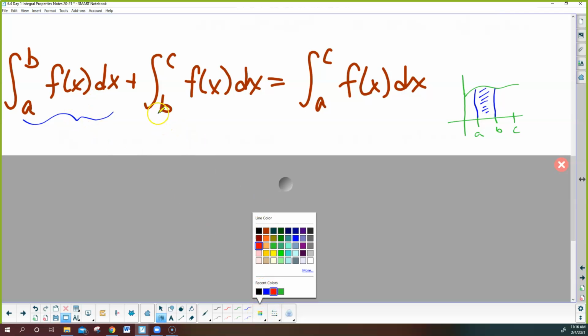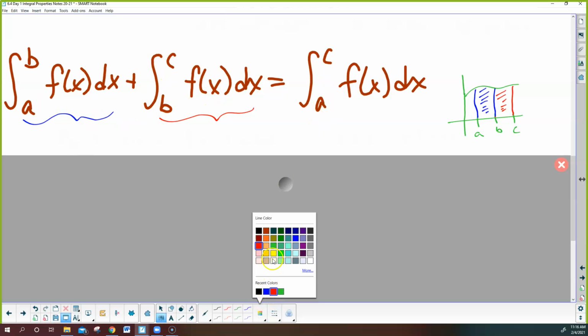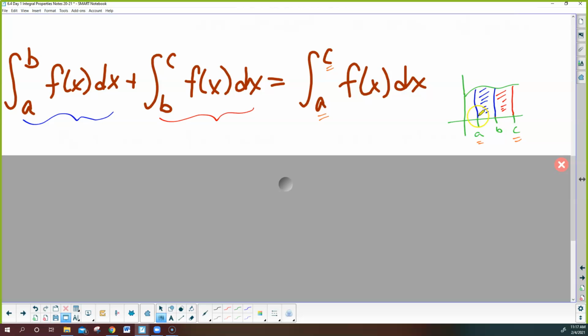And then I find the area under the curve from b to c, that would be this area. But they're saying if you add those together, isn't that the exact same thing as going from A to C? The reason is this is a continuous function, and it's just saying that the area under the curve can be split up or added together to get a larger area. So nothing crazy there.